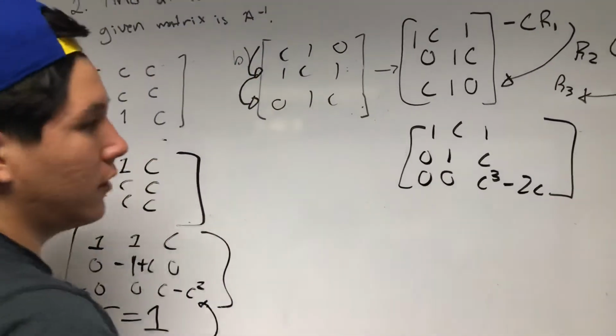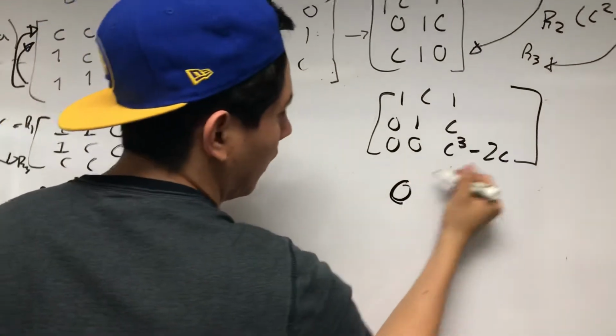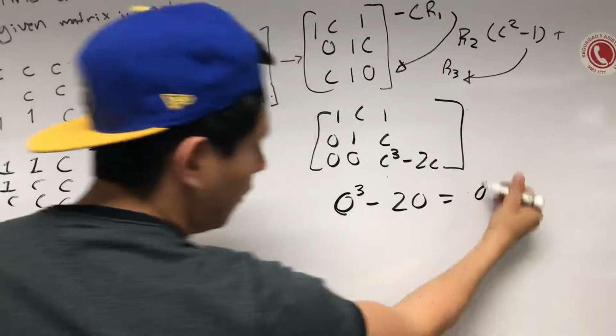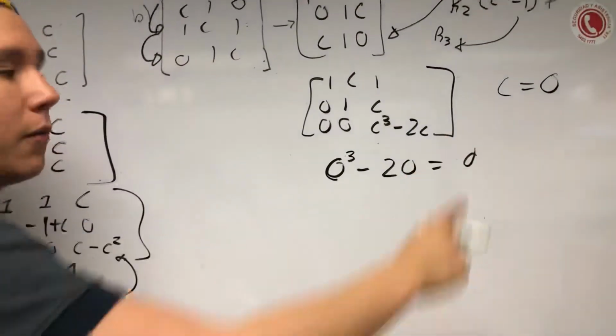Just by substituting 0 into this little equation, we have that this is equal to 0. So c equal to 0 is not allowed.